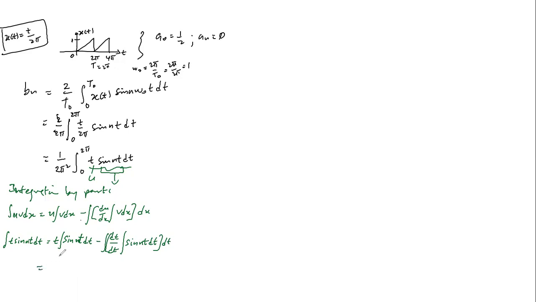So this is going to give us: integral of sine is minus, so that's minus t cos nt over n, minus the integral of, this divided by this is 1, times the integration of sine, which again is going to be minus cos nt over n dt.